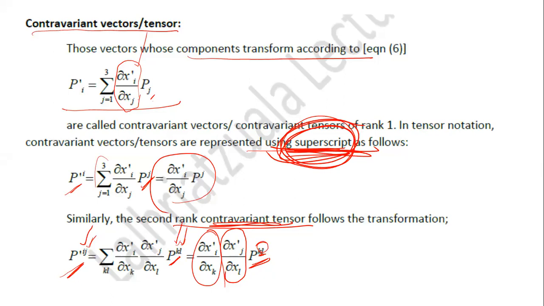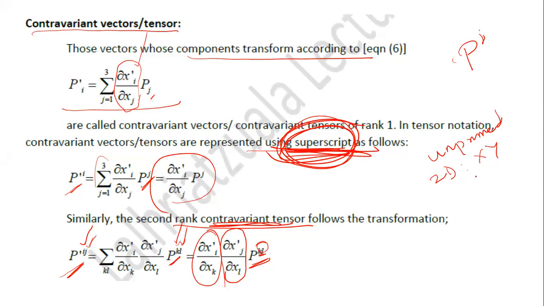For example, here Pj is a component of a velocity in one coordinate system that we call unprimed. If it is a 2D system, then it is the XY system.